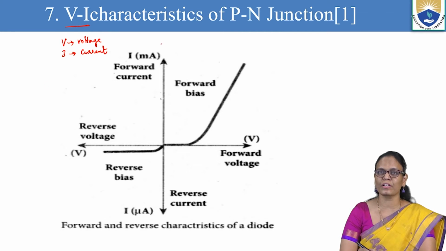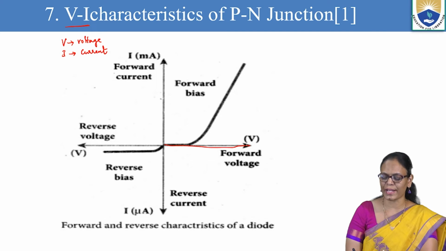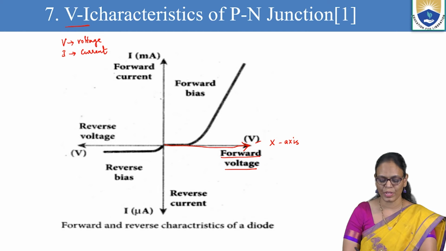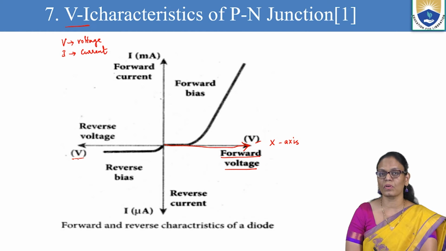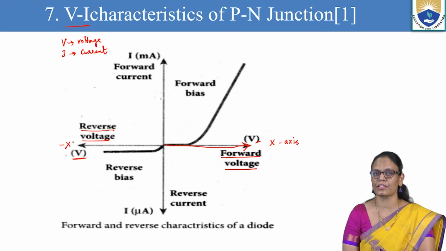For that, we need to plot a graph taking voltage along the x-axis. This is the positive x-axis, along which we take the voltage. We call it forward voltage. And along the negative x-axis, we take the reverse voltage, the negative voltage.